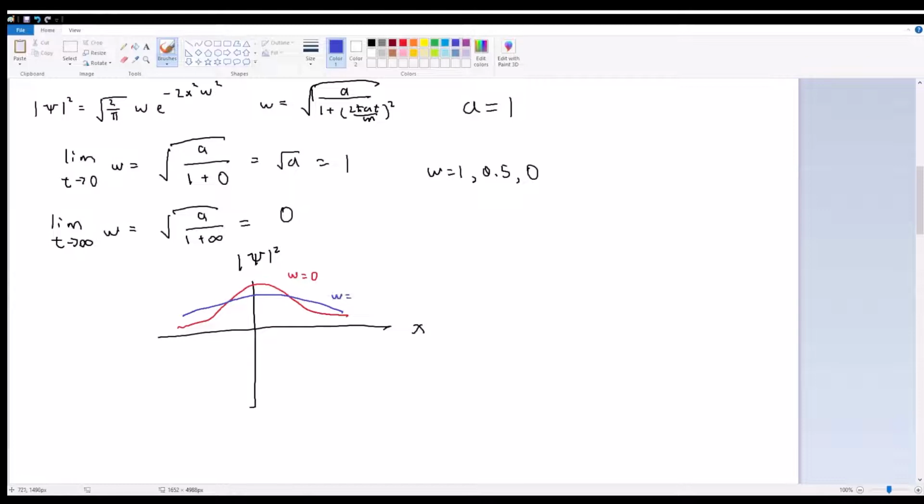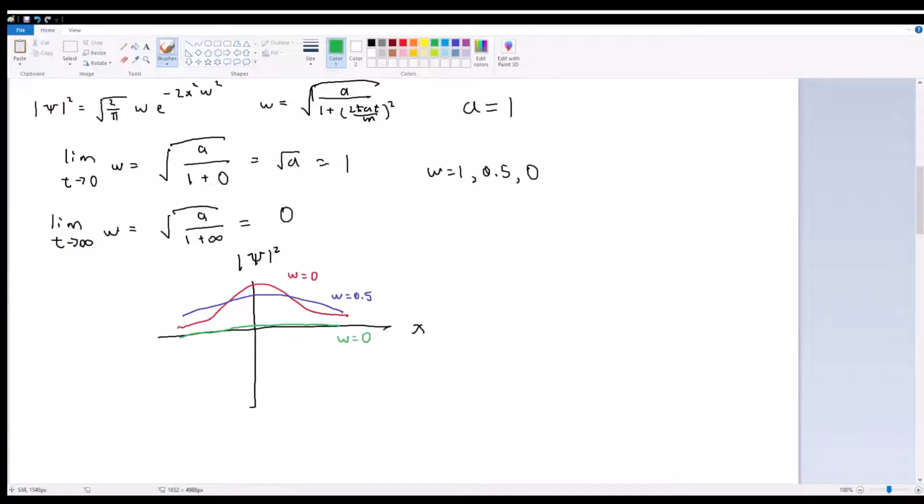And then at omega equals 0, magnitude psi squared just equals 0 because of the 0 term at the front here. So what that looks like is just a flat line at y equals 0. So this is going to be omega equals 0.